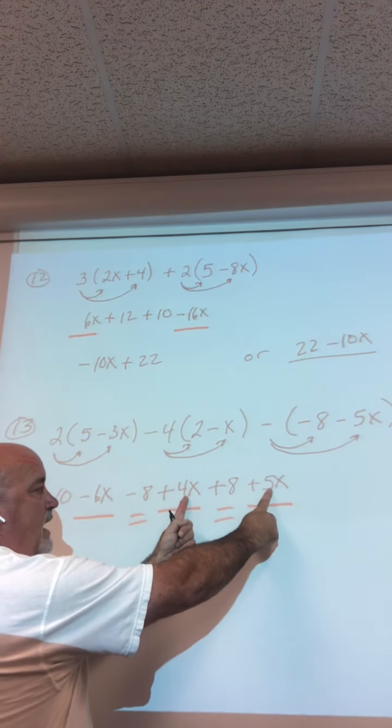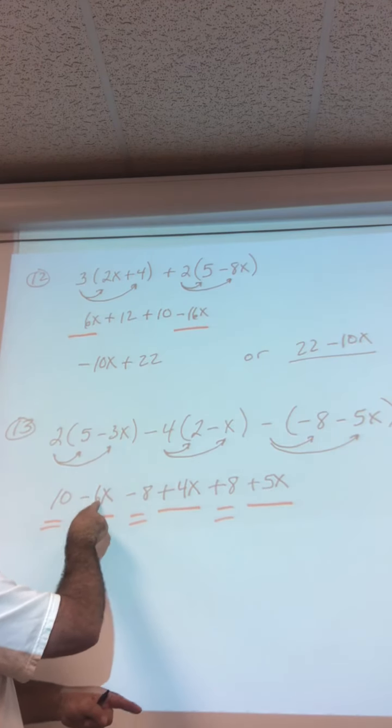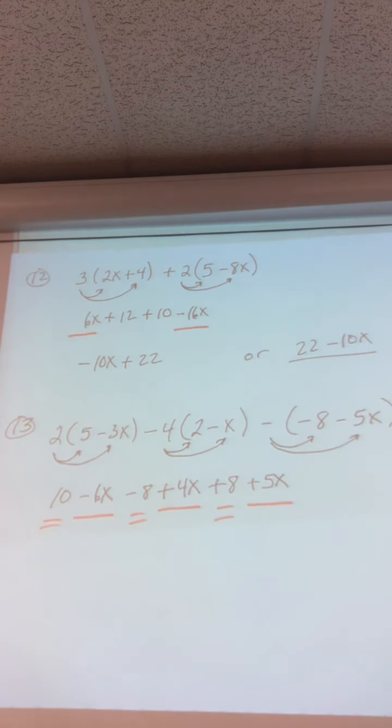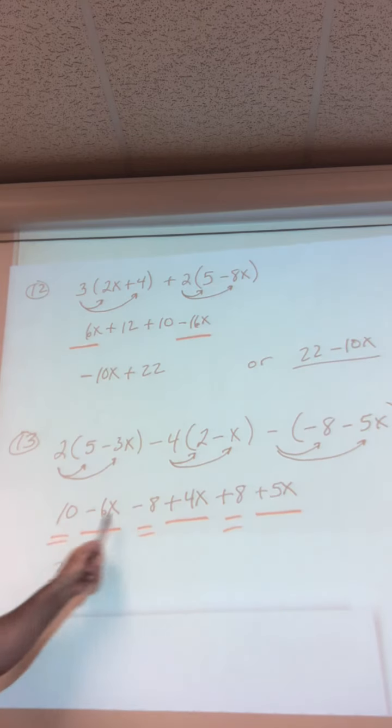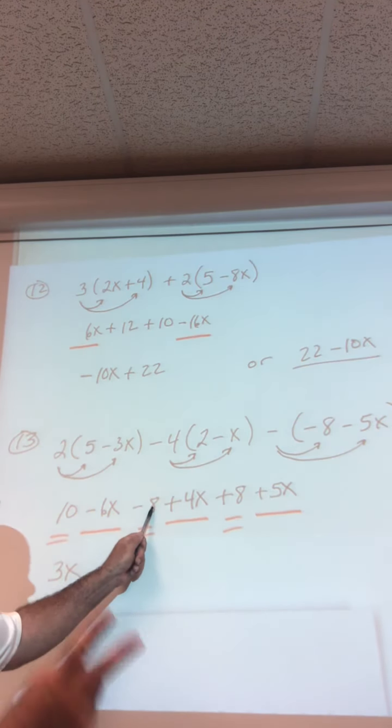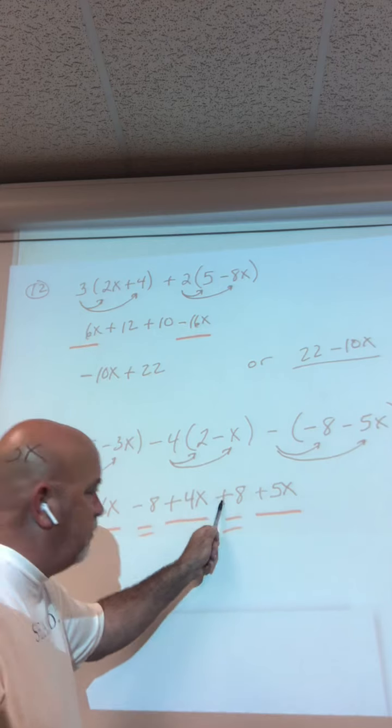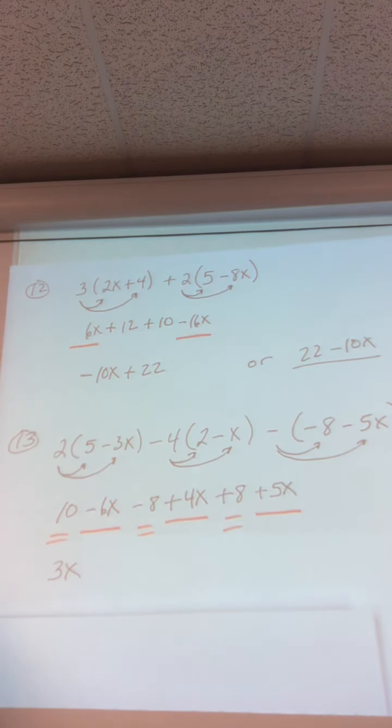But if you win 9 and then you lose 6, you are still up 3x. Now the numbers. 10 minus 8 is 2, and 2 plus 8 more would be plus 10. Or you could write that 10 plus 3x. But this is not equal to 13x in this case.